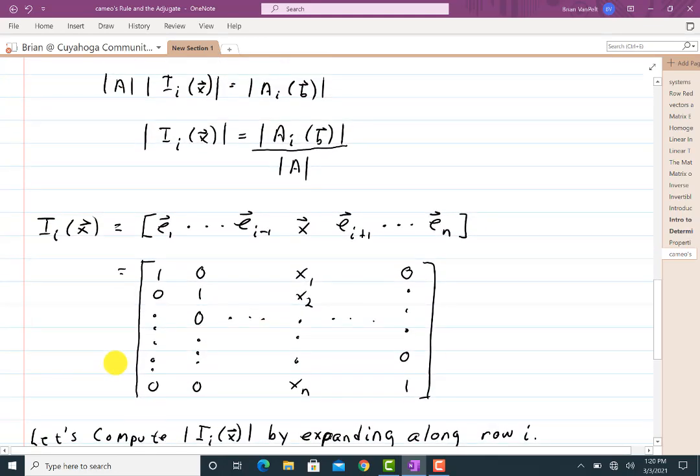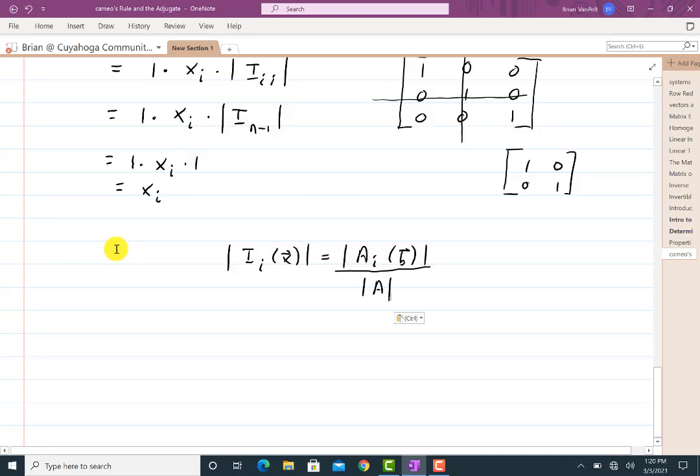There she is. Let me copy this. All right, since we have this, I can now go ahead and replace the determinant of I sub i with x sub i. So pretty ingenious way of getting this thing to work out. And for small matrices at least, doing these by hand is very nice.